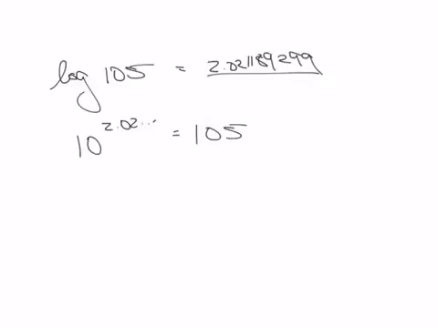Let's look at this logically. 10 squared is 100. 10 to the 2.02 and so on is going to give us a number a little bit bigger than 100, because it's a little bit bigger than 10 squared. So 10 to this power equals 105. When I put log 105 in my calculator, it gives me the exponent to put on 10 that's going to give me 105.